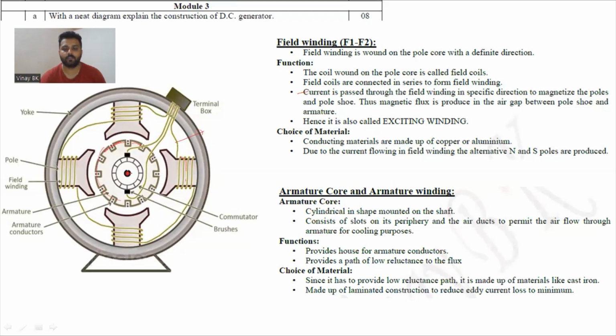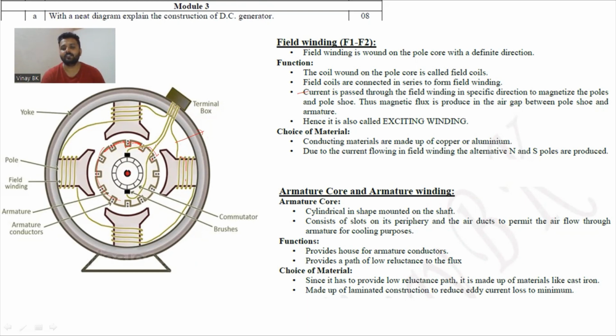It consists of slots on its periphery, and also air ducts to permit air flow through the armature for cooling purposes. The function of the armature core is to provide housing for the armature conductors, and it also provides a path of low reluctance to the flux.